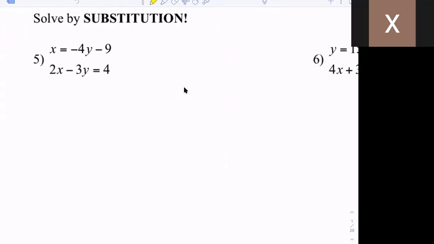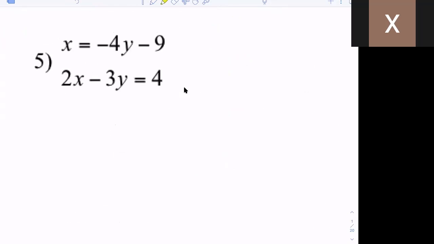Number 5, solving by substitution. So give me a rundown on solving by substitution. Lily, tell them. What am I going to plug in?